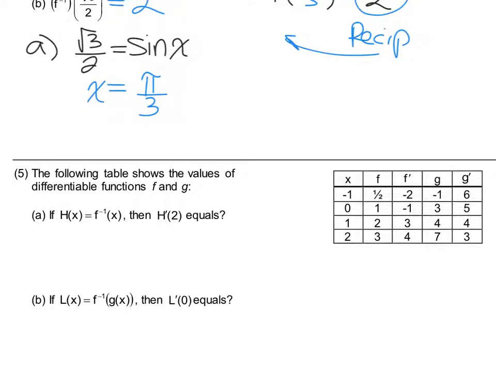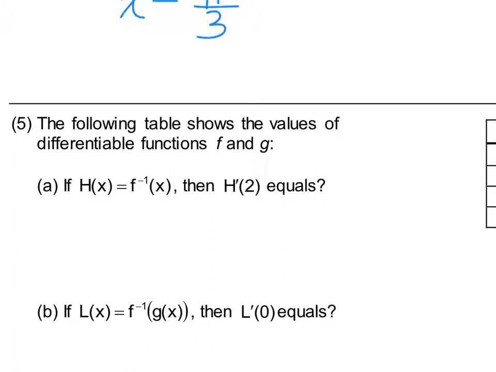So, looking at this one here, it's saying h of x is equal to f inverse of x. It's saying find h prime of 2. Well, let's just start off with the notation. It's just really jarring when you look at it. It's funky stuff. But h of x is equal to f inverse of x.